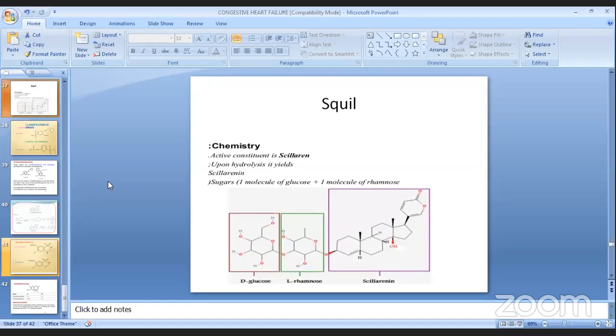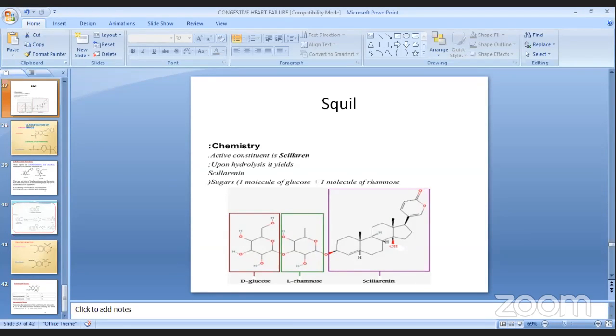And among other drugs, amrinone and milrinone are also used for the treatment of congestive heart failure. Ouabain is also one type of drug.